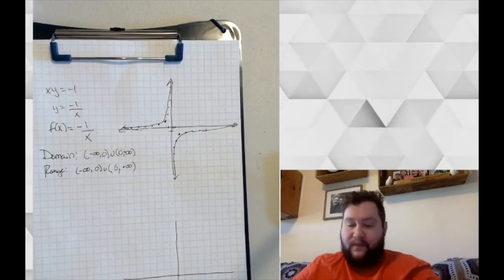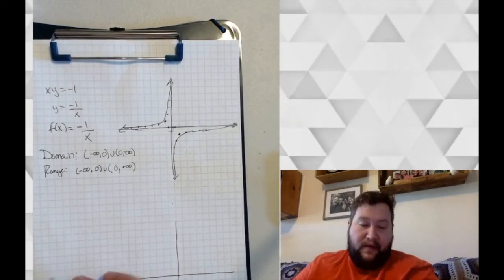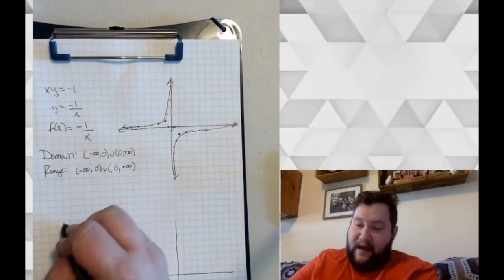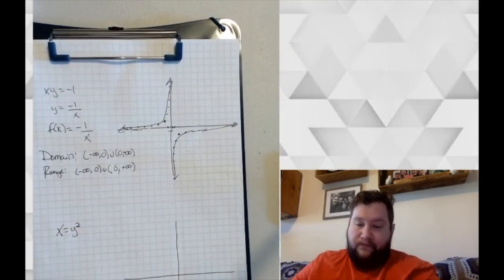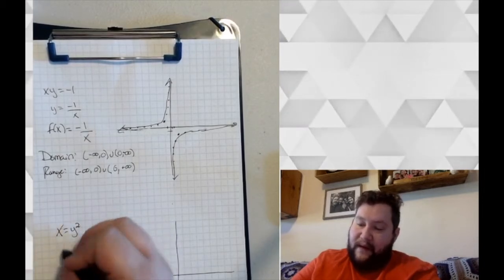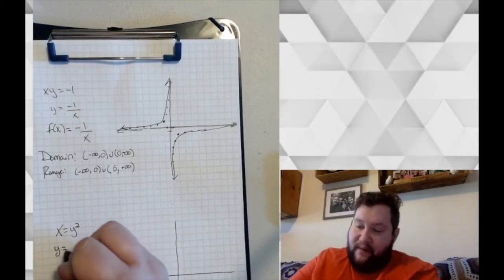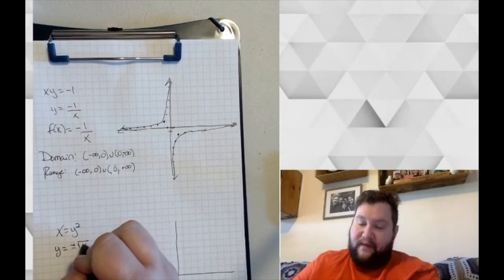And then let's look at one more example defined by the equation x equals y squared. Well, let's get y by itself. y equals plus or minus the square root of x.